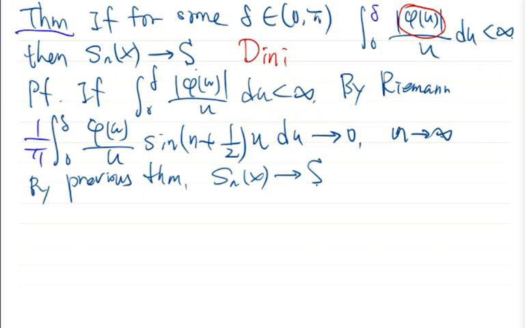So we hope to determine whether the Fourier series converges using only information about our function f itself. To this end, we have the following result.